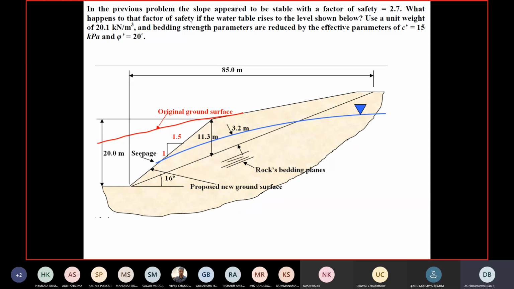But suppose it is a variable height, which height causes the maximum shear stress, or which height causes the maximum destabilization? More water height causes the least factor of safety.